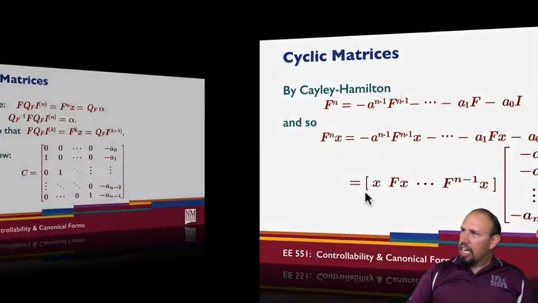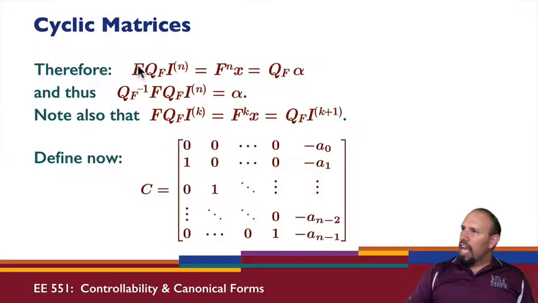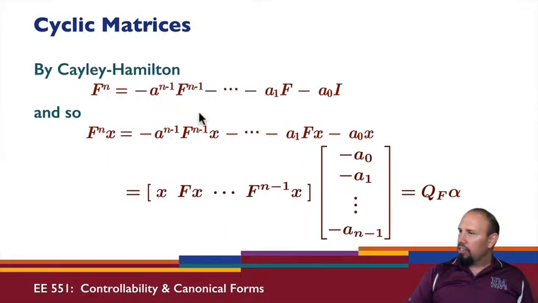Okay. If now I look at F times the QF matrix. So here's the QF matrix. If I multiply this on the left by F, notice that what that's doing is it's basically raising all of these F's to the 1 power.